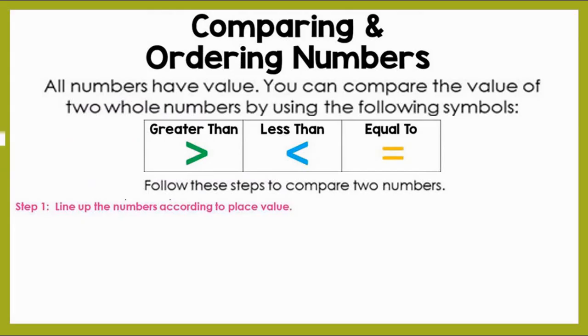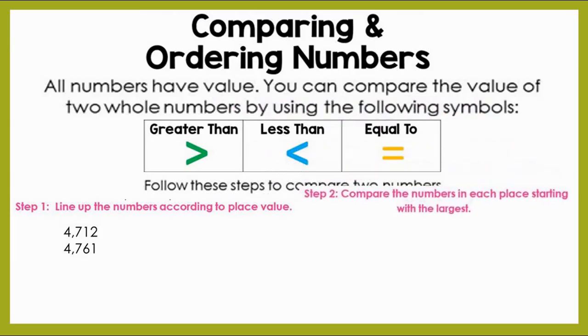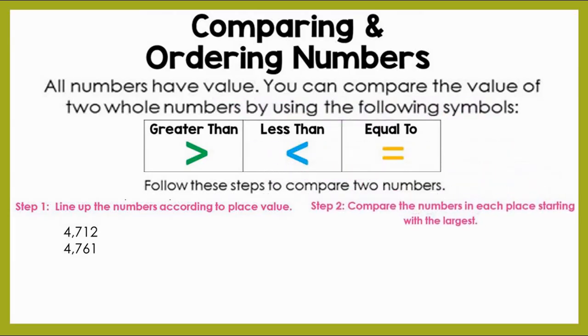The first step is to line up the numbers according to place value. Suppose I have given you these two numbers, and I have arranged them one below the other according to place values: 4,712 and below that 4,761. After that, start from the left side and compare the digits.